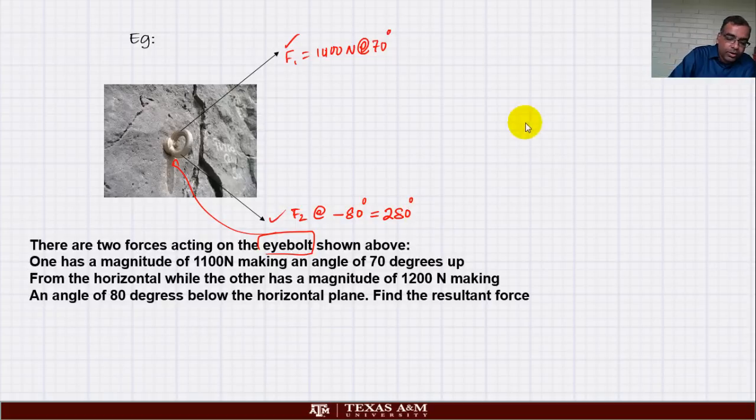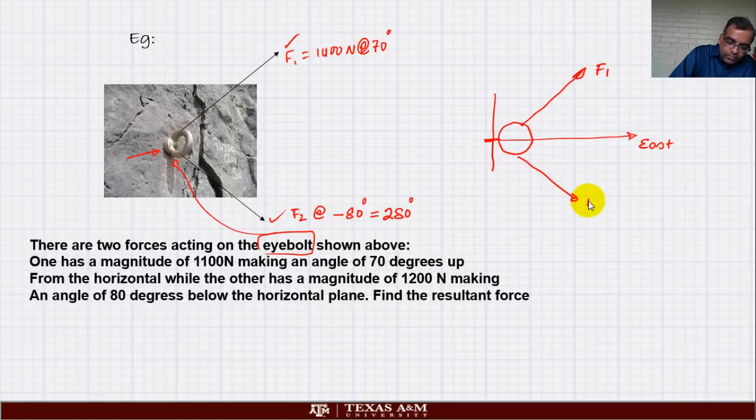So now we are going to draw a nice picture, sideways picture. That is, I'm going to look at it like that so that you can see this better. So here is my eye bolt, here is the wall, here is the attachment to the eye bolt, here is the horizontal, this is east. Okay, now first is F1, second one is F2.